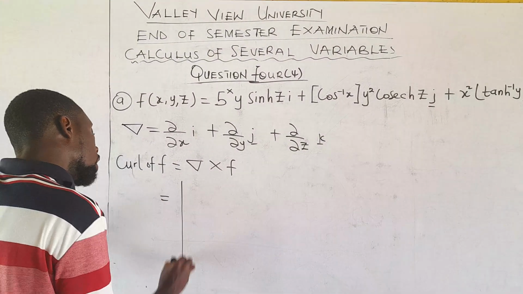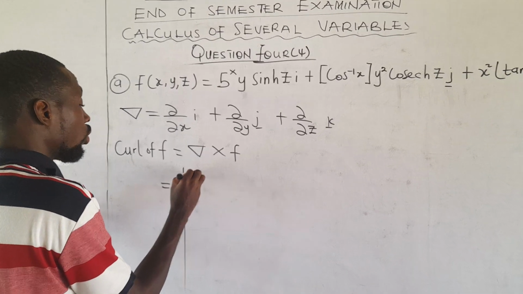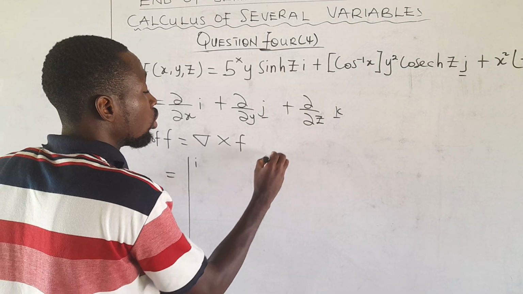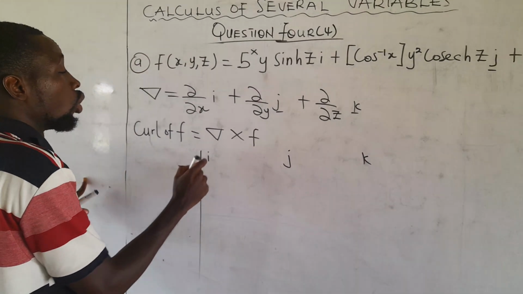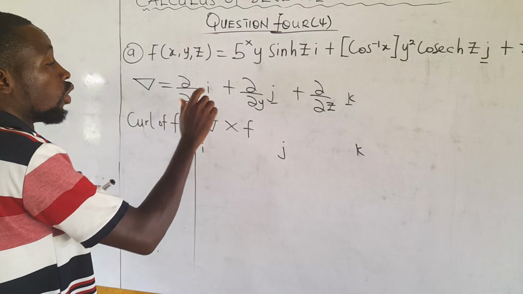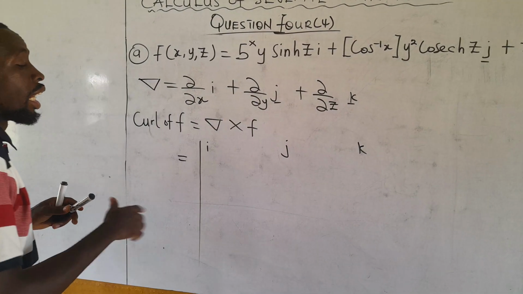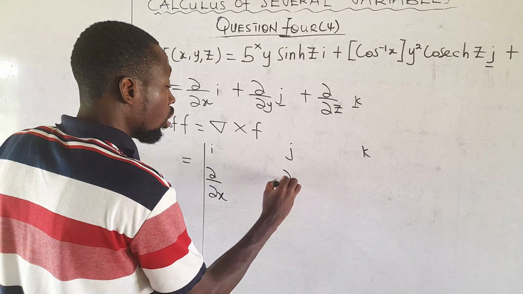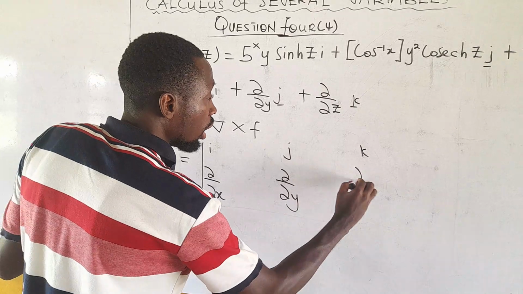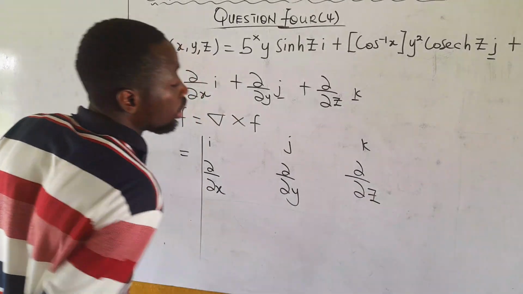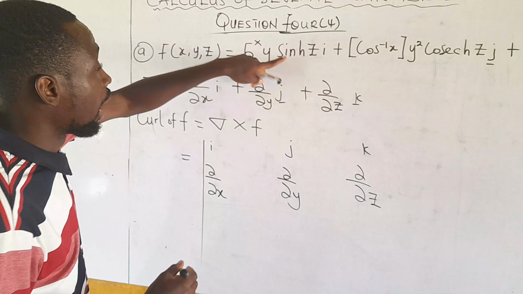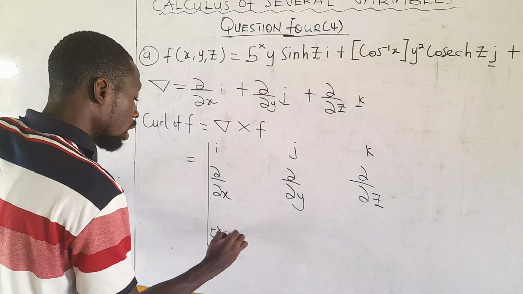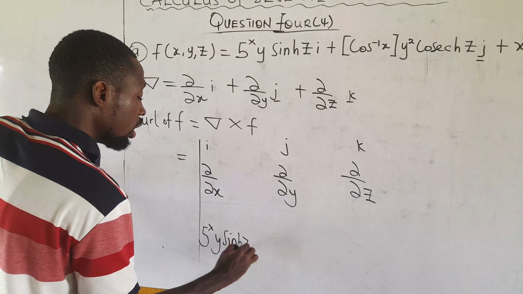So we can say this is the determinant of a 3 by 3 matrix where the i, j, and k form the first column. We write the coefficients under them. So the i is del over del x, the j is del over del y, then the k is del over del z. Now under this, for the i again, we have 5 exponent xy sinh z.